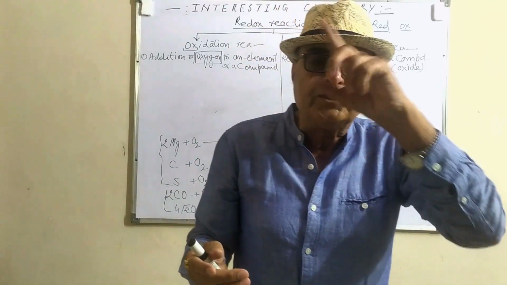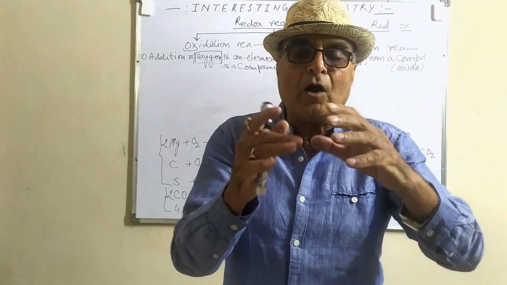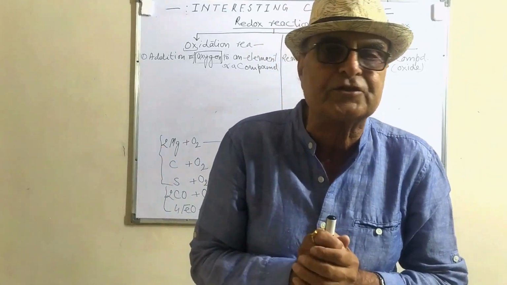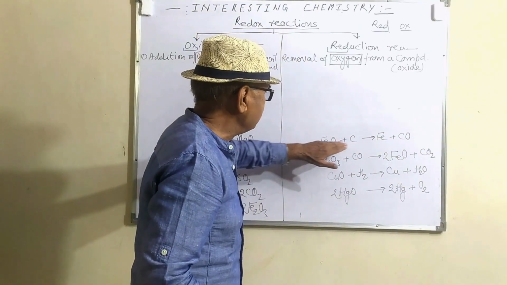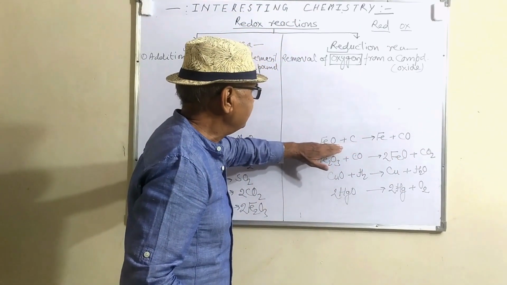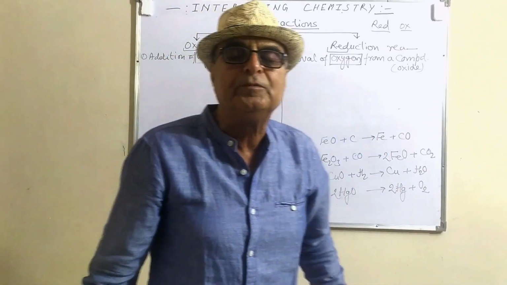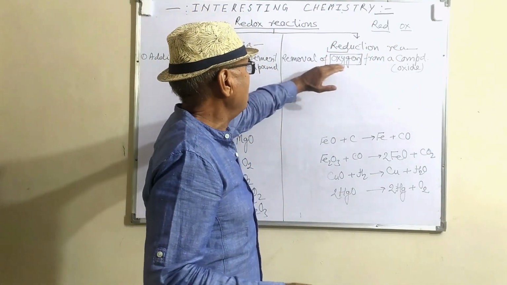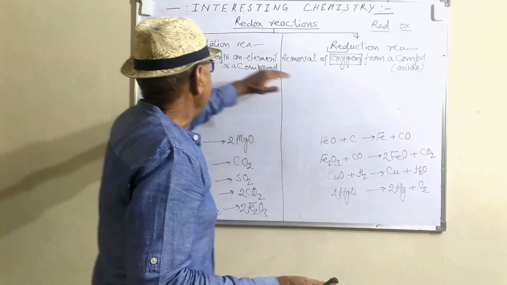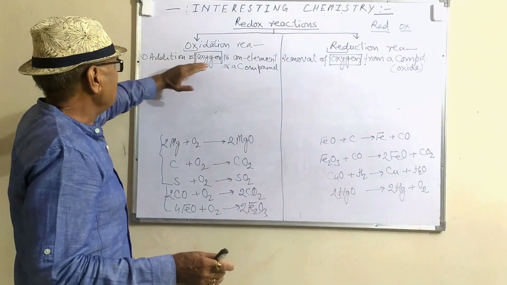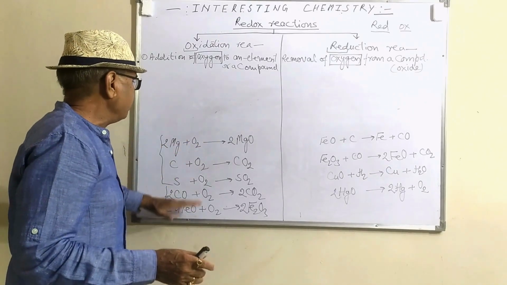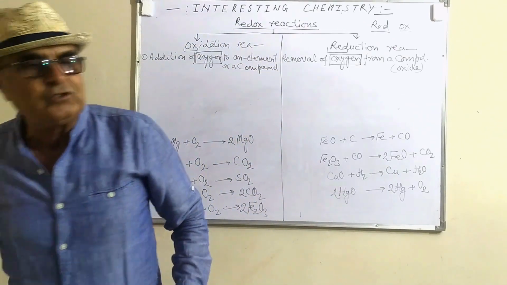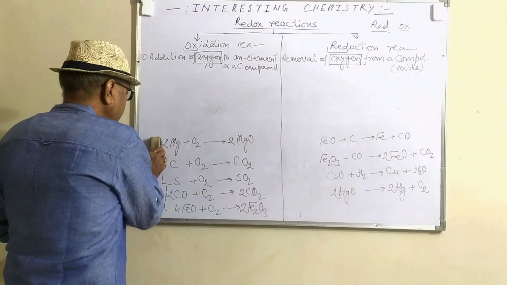And they also found how to extract iron from the earth crust: when FeO is heated with coal, then the Fe will be extracted. So the removal of oxygen from the oxide is reduction, and the addition of oxygen to an element or a compound is called oxidation.